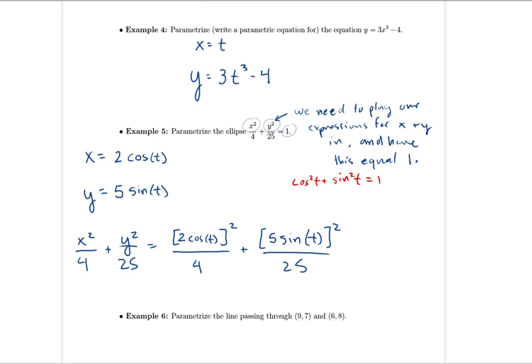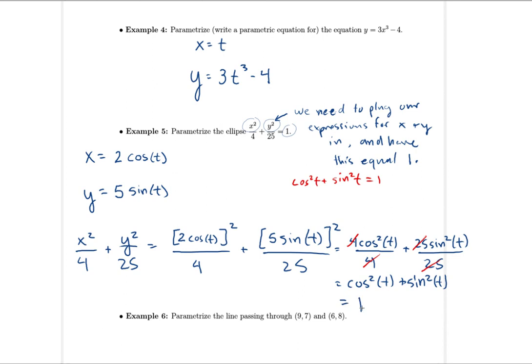And of course, if I do that, what happens is I get 4 cosine squared t over 4 plus 25 sine squared t over 25. Then those cancel, and then I do in fact have my Pythagorean identity, which is going to just give me 1.